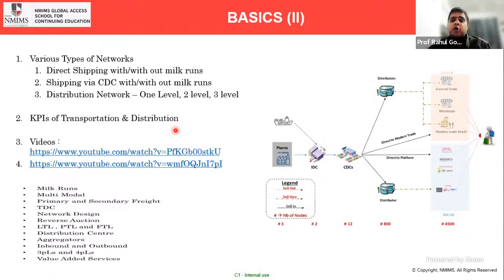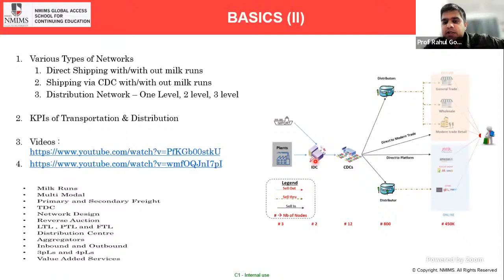Okay. When we talk about transportation and distribution, one example I have shown is a real example from one of the companies that I used to work with. You can see the total network from a very high level. There are local plants based out of India which are manufacturing. There are imports happening, coming to international distribution centers, 2 in number.